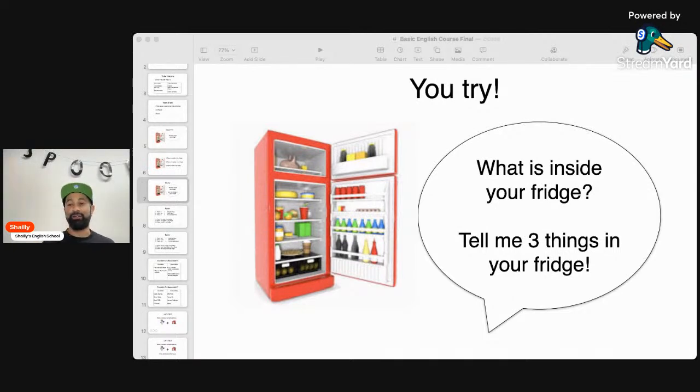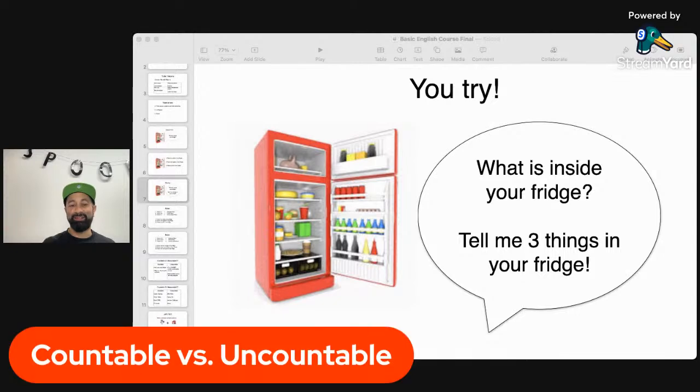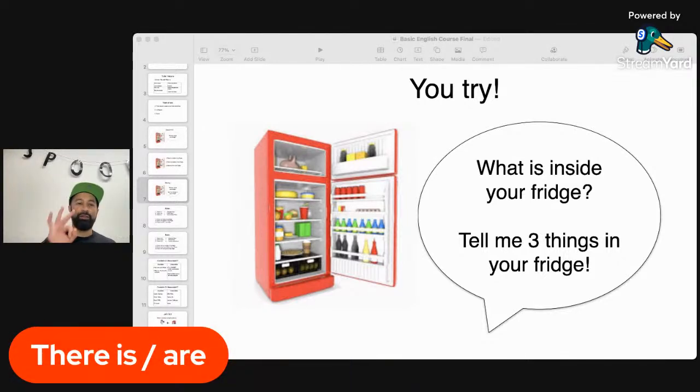Next, you have to figure out, is this either countable or uncountable? And then if it's countable, you are going to be using a there is or there are sentence. If it's uncountable, only there is. Okay, is it singular? Is it plural?